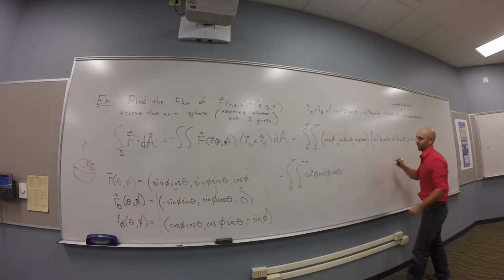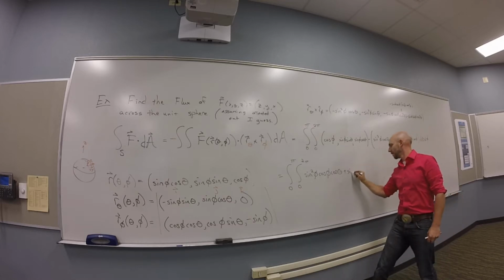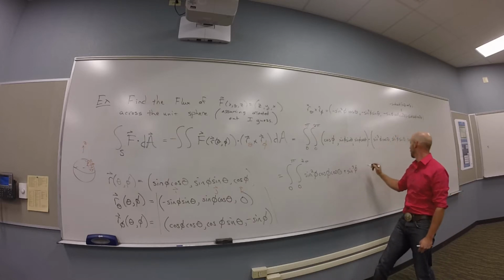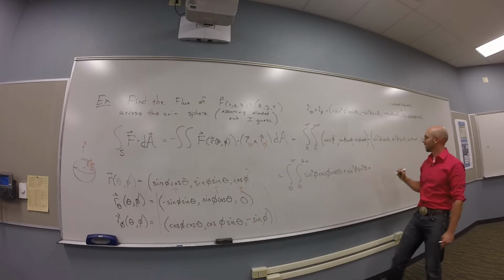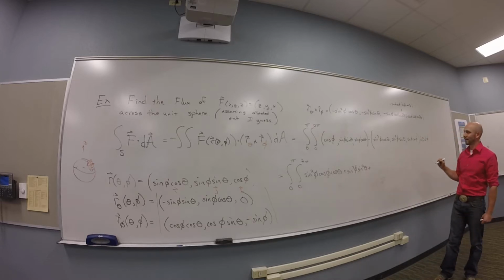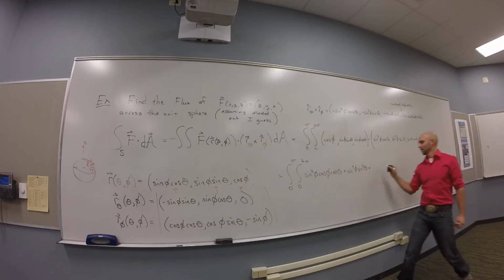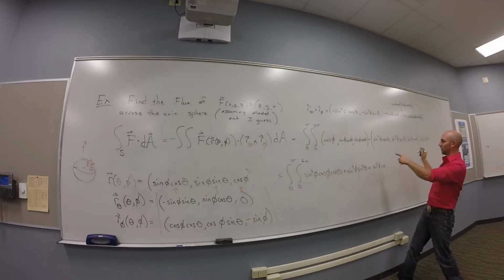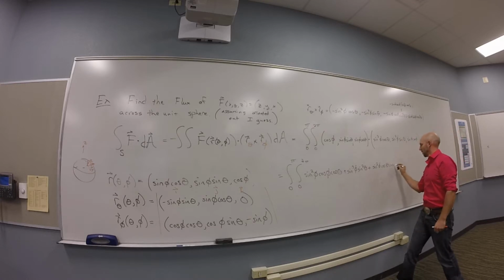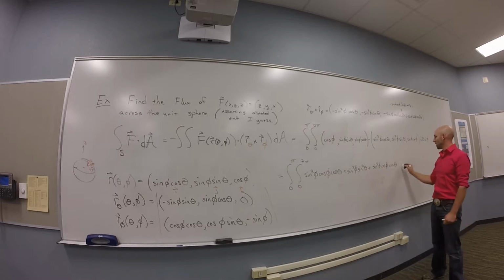Plus sine cubed phi sine squared theta. And then your last thing is sine squared phi cosine squared theta. Oh wait, sorry, same thing as the first one: cosine theta, cosine phi. And then at the end a d theta d phi.